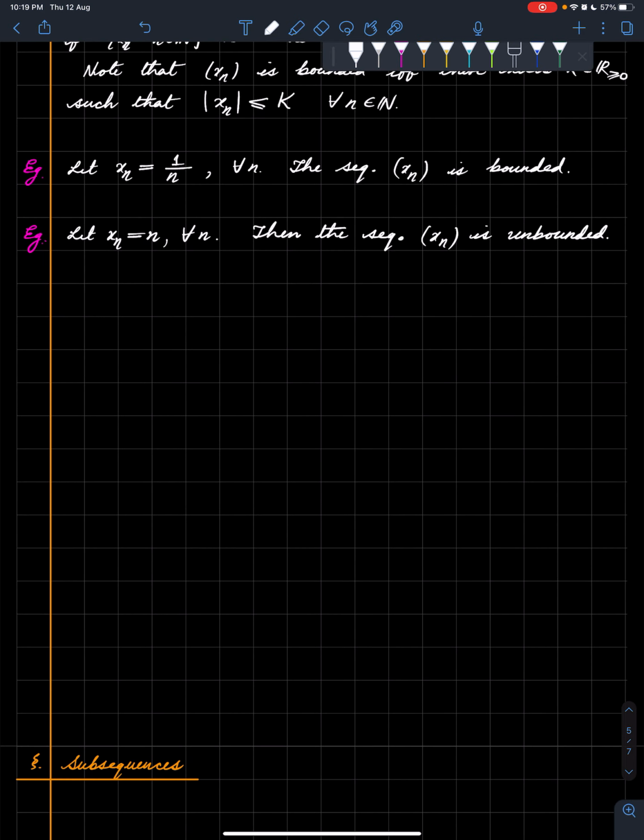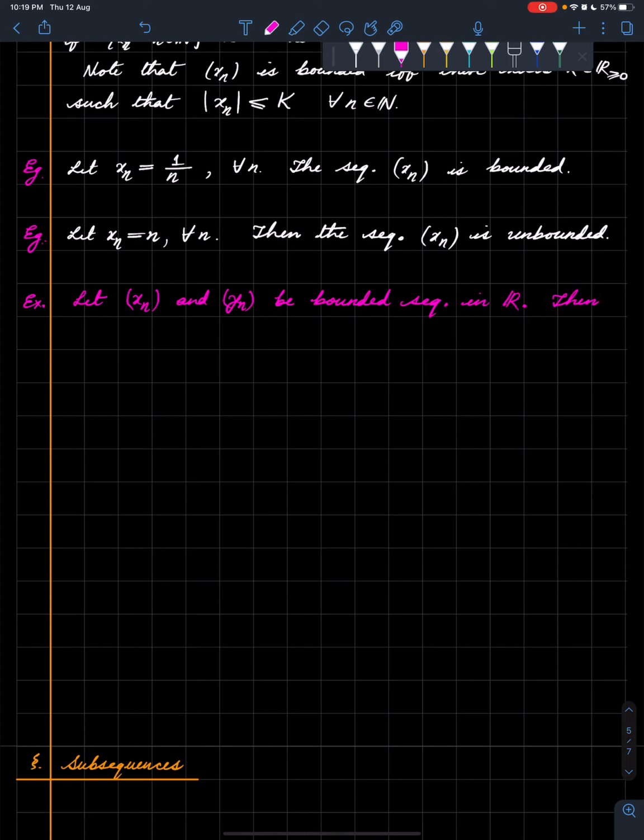And here is an exercise for you. Let xn and yn be bounded sequences in R, of course.